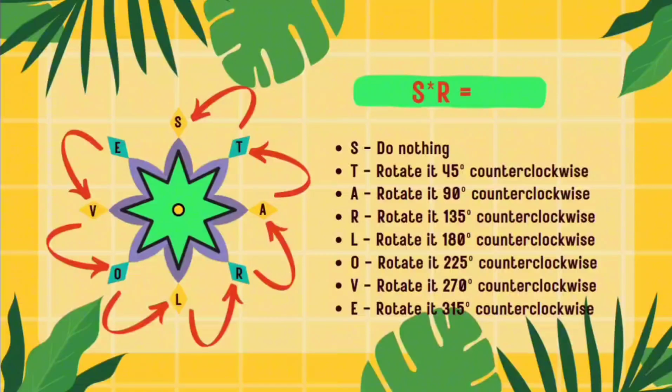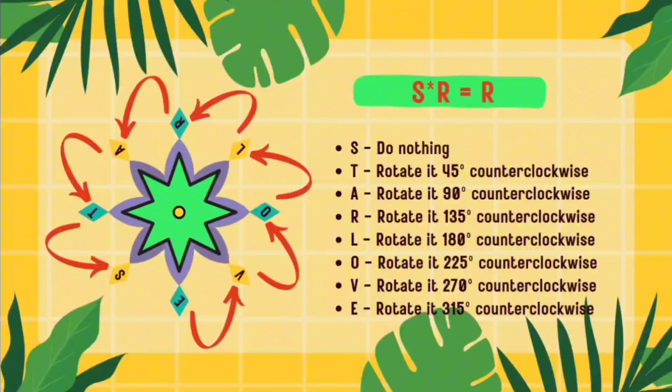Next we have S star R. Since the movement of R is rotate 135 degrees counterclockwise, we are going to rotate it 135 degrees counterclockwise.